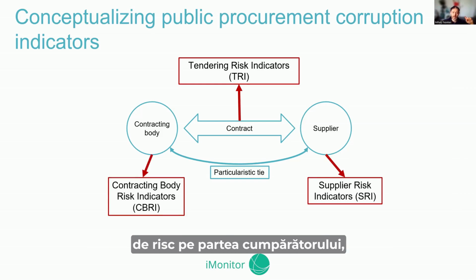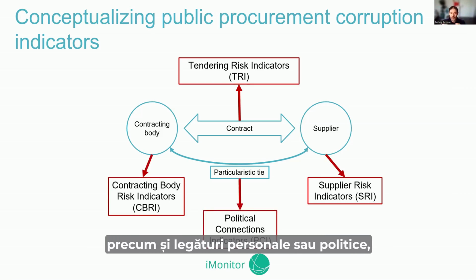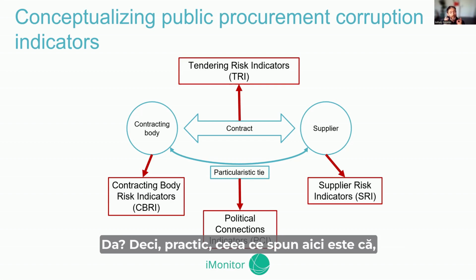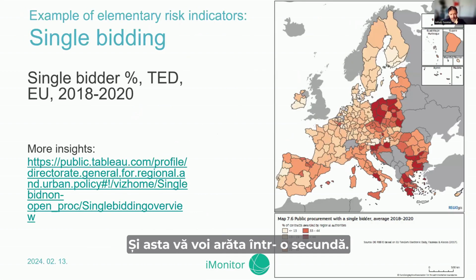We can have risk indicators on the buyer side, on the contracting body side, and also personal or political connections indicators, trying to catch these connections between buyer and supplier. These are often also called conflict of interest, right? So basically what I'm saying here is that based on the structure of corrupt deals in procurement, we have different indicators and we can build them independently from each other, and we can also pull them together. And this is something I will show you in a second.